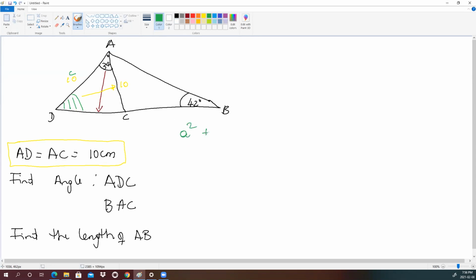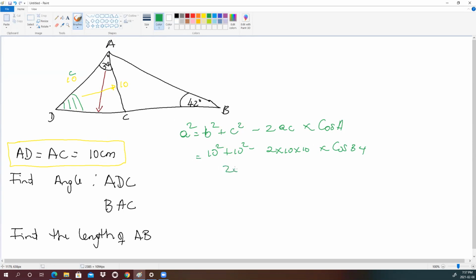So a squared equals b squared plus c squared minus 2bc times cosine A. All right. So you're going to have 10 squared plus 10 squared minus 2 times 10 times 10 times cosine 34. Yes, 34.